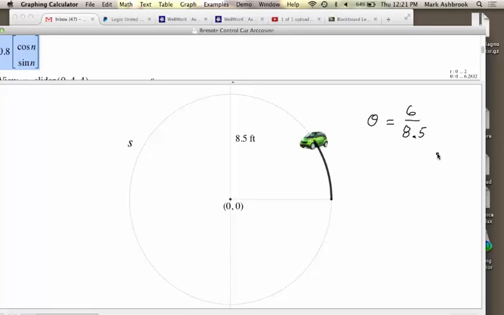Where does that number come from? It's the number of radius lengths swept on the arc. So the car has gone 6 over 8.5 radius lengths on the arc, so that becomes also the angle measure in radians. That's where radians comes from.